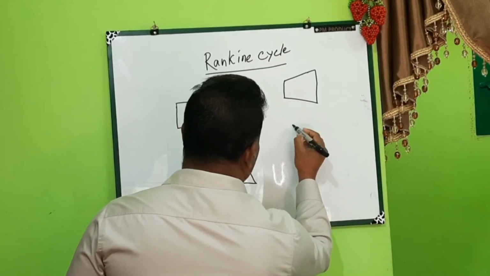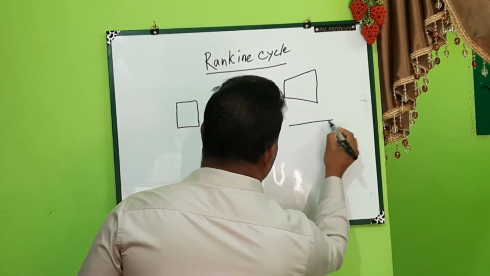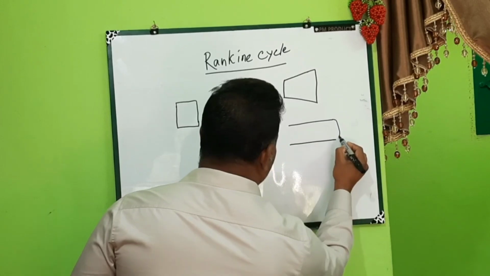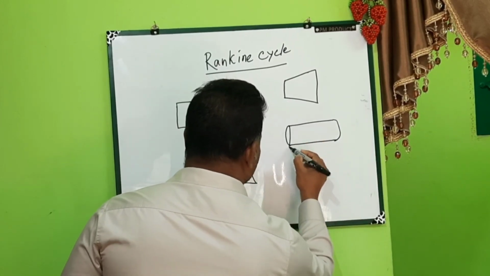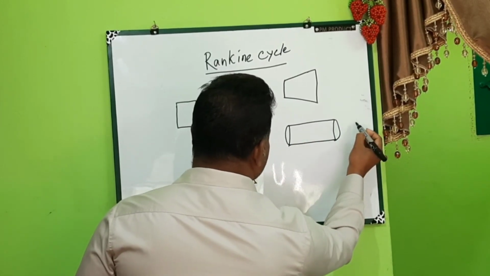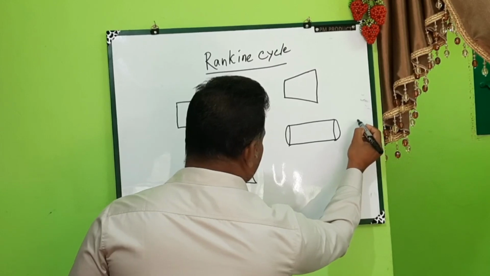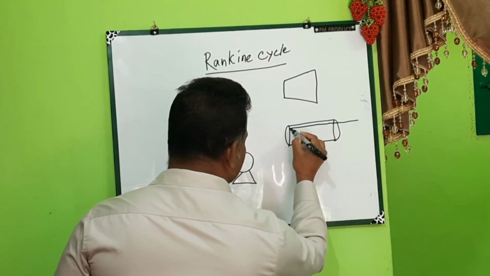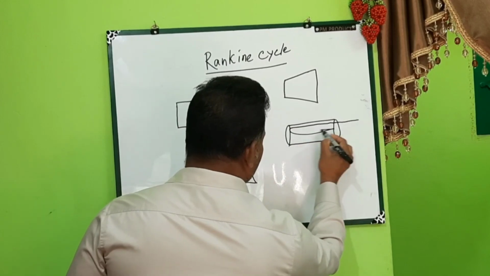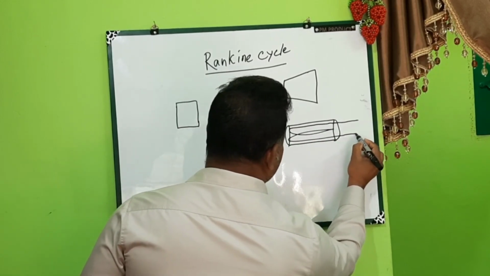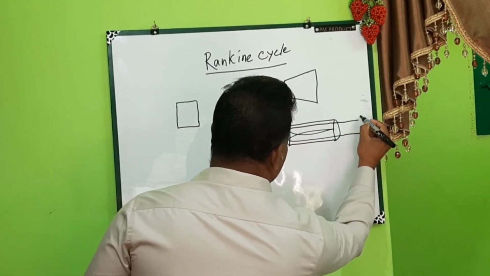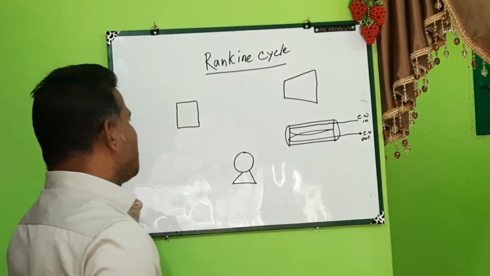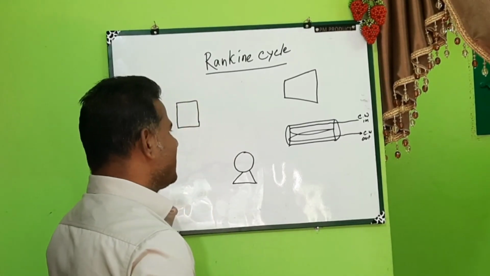And it requires one condenser. In this condenser, cooling water is provided. You can provide cooling water on the tube side, this side with many tubes. You can think this side is the cooling water. These 4 components are required for this Rankine cycle.